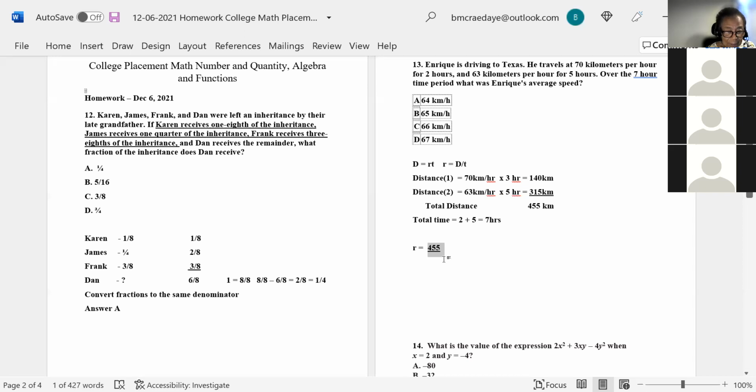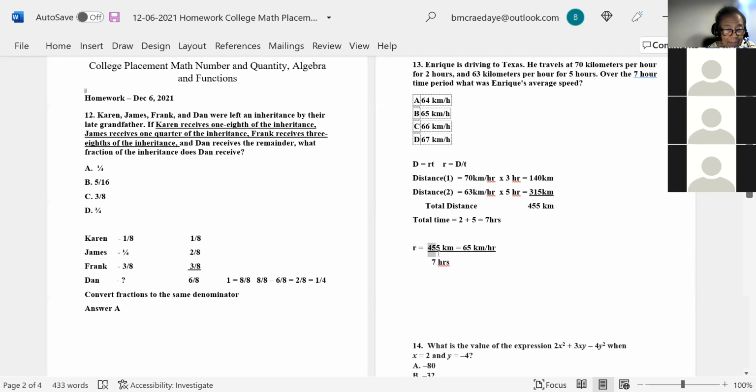That's right, 65 kilometers. Because the 455 is in kilometers and the 7 is in hours. So what would that be equal to? 65 kilometers per hour, which is what the rate is.